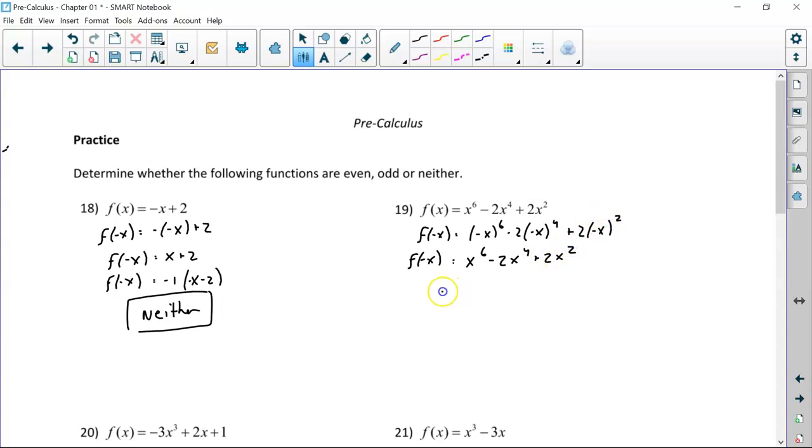So that's our original function. So f of negative x equals f of x. Because of that, it's even. And also, keep in mind, it has y-axis symmetry. Any function that's even has y-axis symmetry.